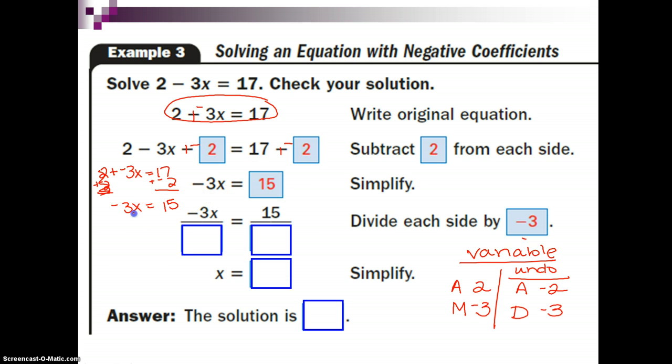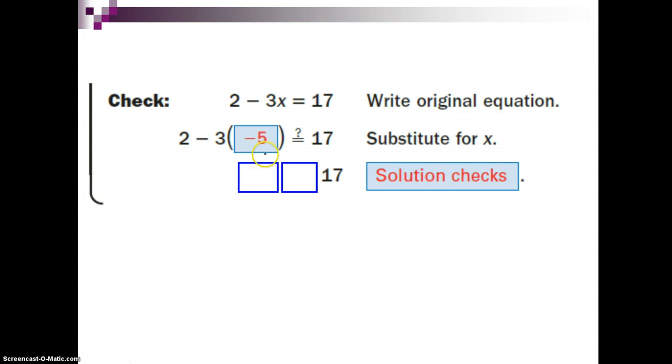Now I divide by the negative, because you always divide by that coefficient on both sides. Those cross out, you're left with x, and 15 divided by negative 3 is negative 5. The solution is negative 5. Check it, put it back in. Let's add the opposite. This is positive 15 plus 2, which equals 17. It checks.